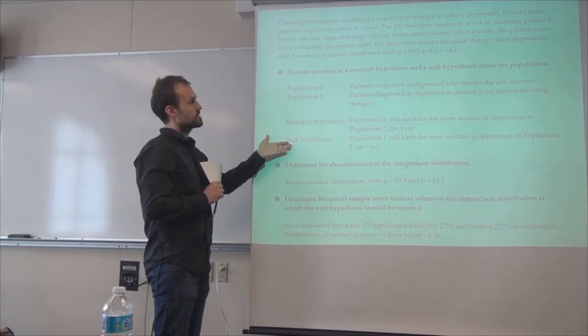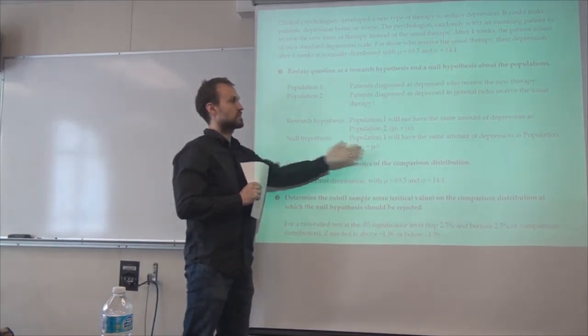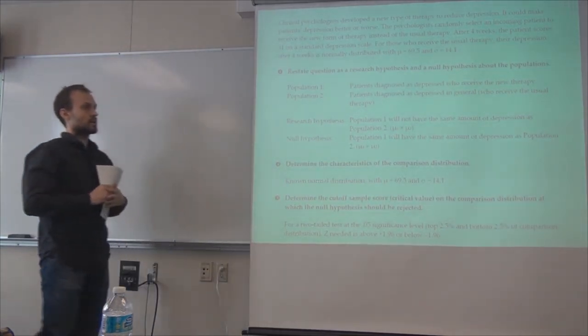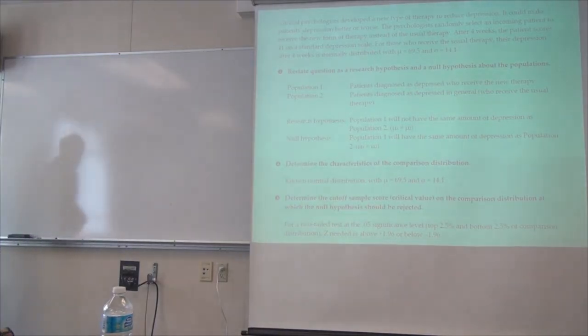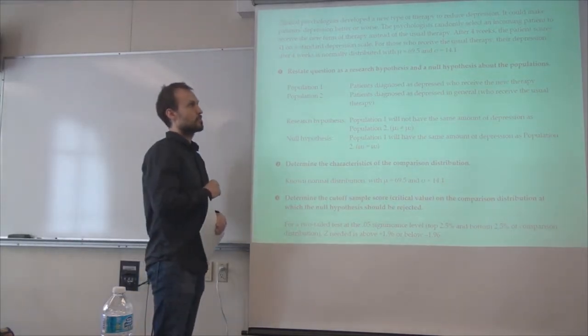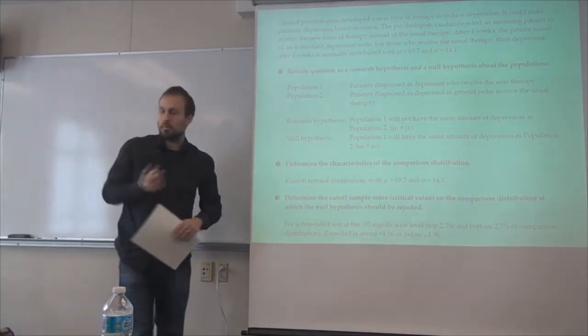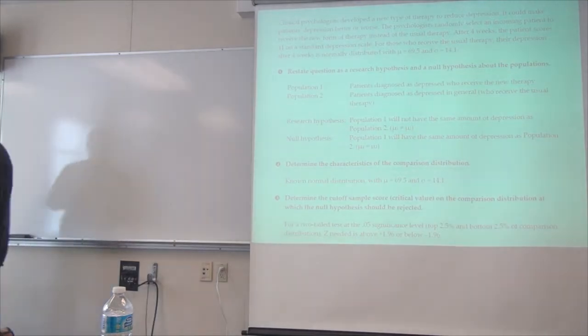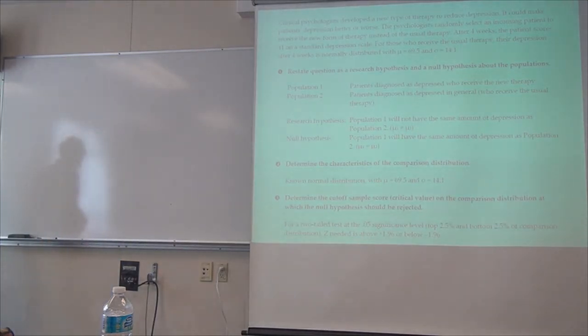Then the null hypothesis is going to be the opposite, saying that they are equal. So I'm trying to see, is the sample value of 41 significantly different from the population mean? It's probably always going to be a little different, but is that difference significant?